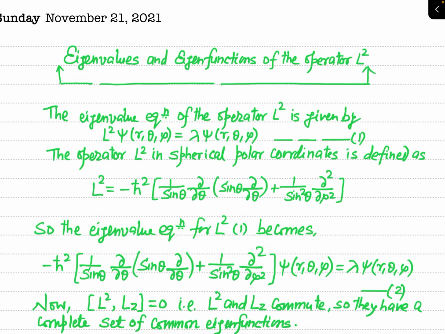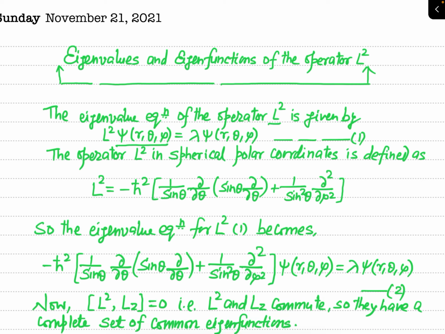If we consider that psi of r theta phi is the eigenfunction of this operator L square, then the eigenvalue equation of this operator may be written like this.